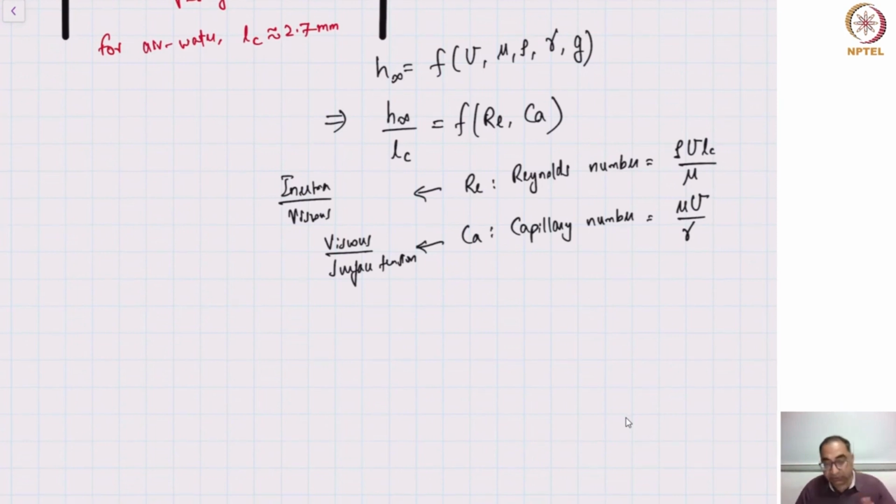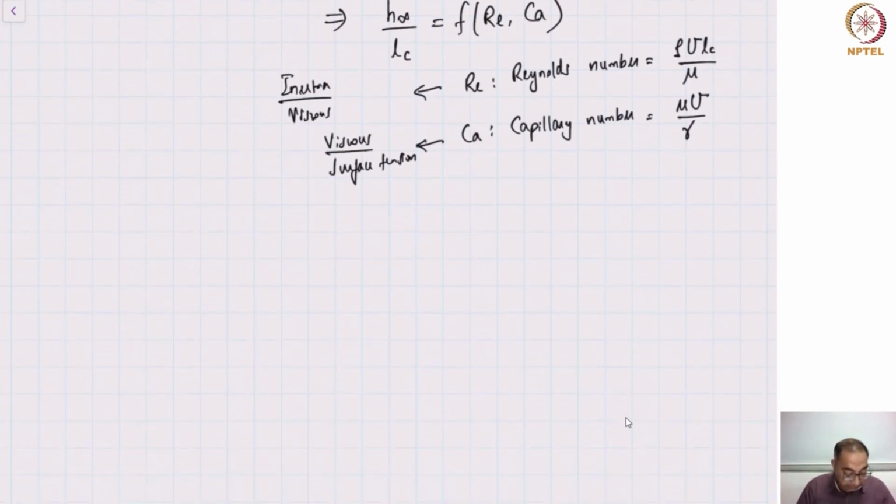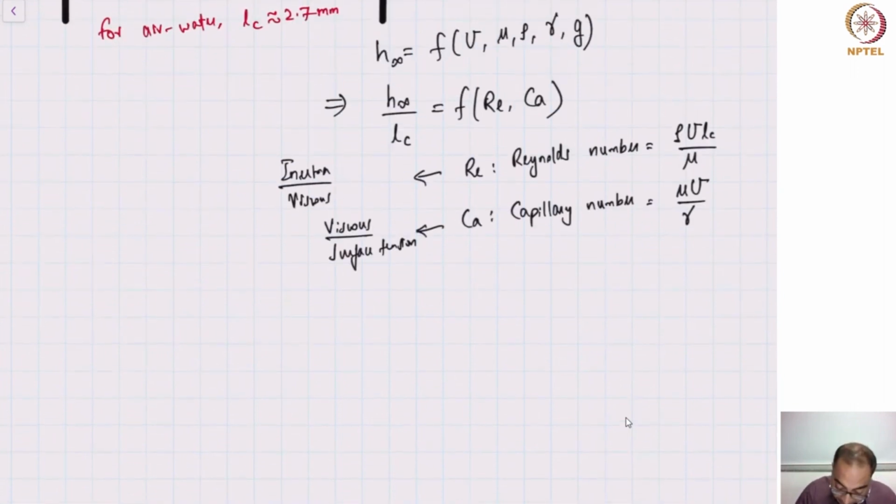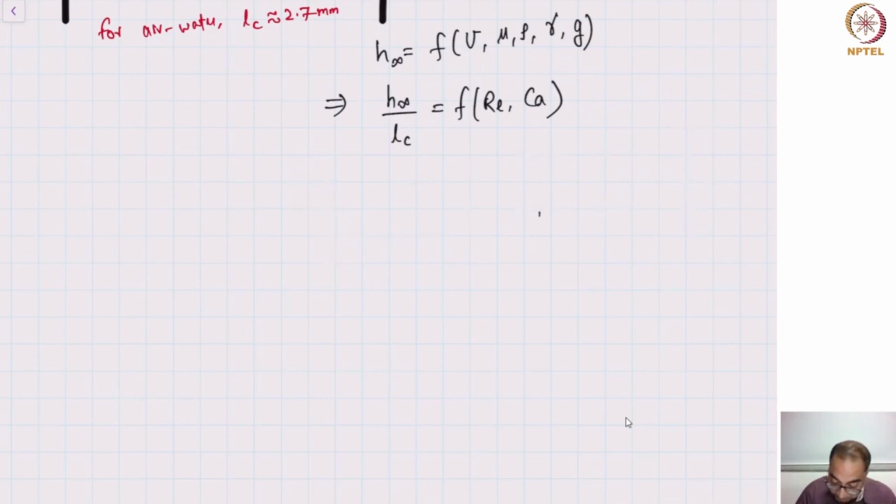One has to be careful though, because the Reynolds number depends on a length scale which inherently involves gravity. Now there are four forces. So now we have H infinity by L_C, which is the thickness of the coating relative to the capillary length, depending on the Reynolds number and the capillary number.